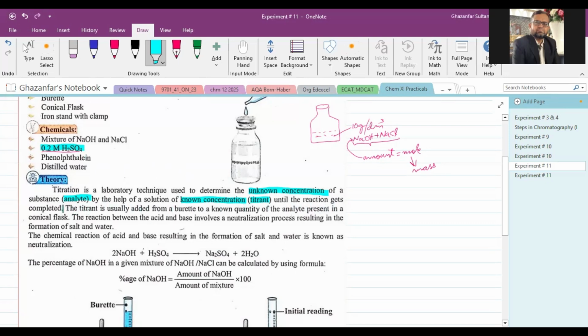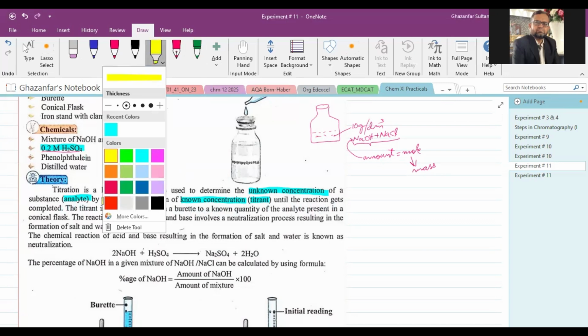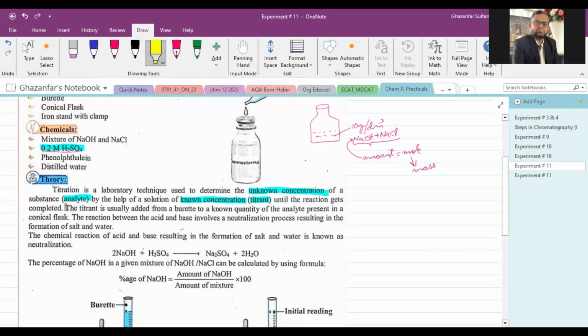How will it be completed? We will see the end point of the titration. In general, in analytical chemistry, the titrant is usually added from a burette to the known quantity of analyte.